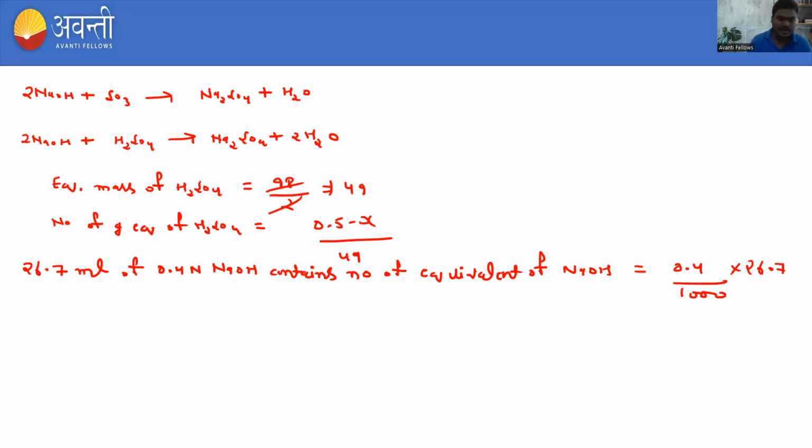So this is how we calculate the amount of equivalents of NaOH in 26.7 ml of 0.4 normality NaOH.